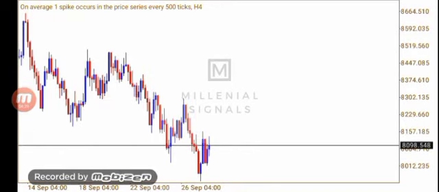Now that I've been able to determine that this is a downtrend, I know that a spike on boom 500 is an uptrend. Basically, it's an uptrend because the price booms upwards.